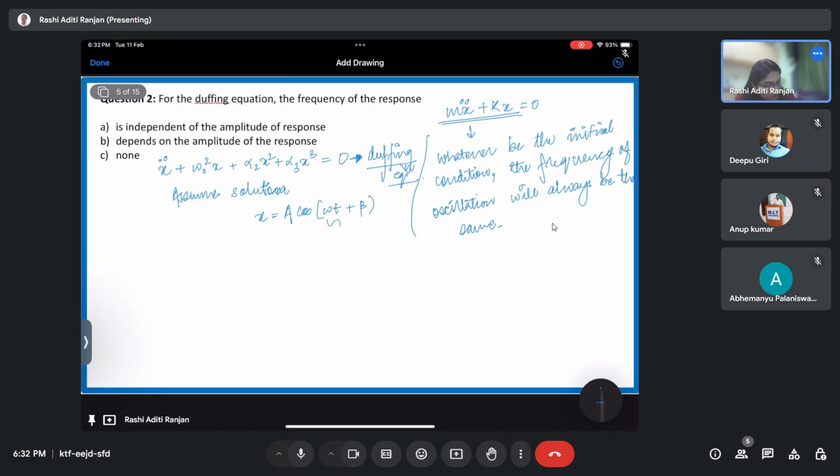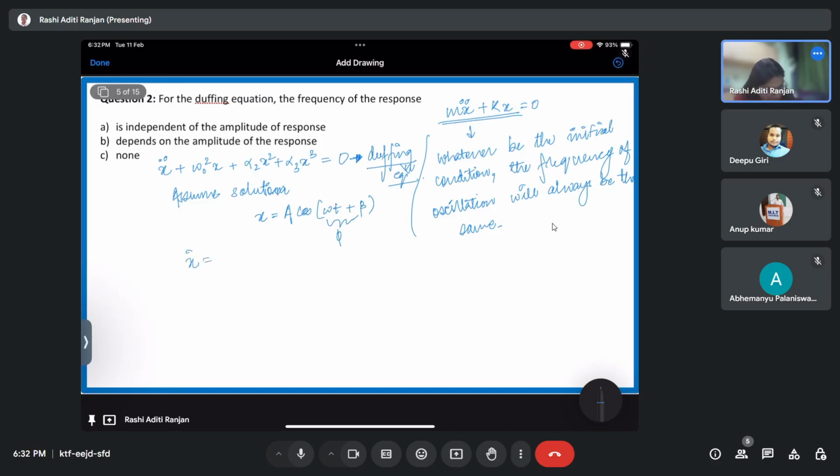This I can call phi. I've assumed my solution is periodic and of this form. Now I know the expression of x, so I can evaluate x dot, x double dot, x square, x cube, and I'll put it in the main equation, right? So let us do that.